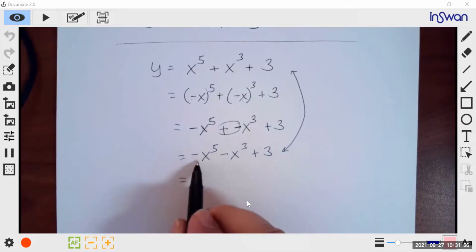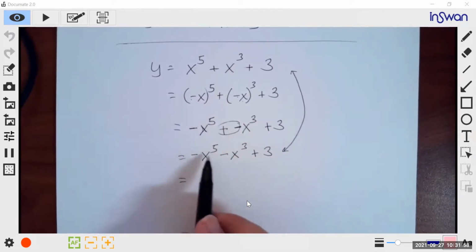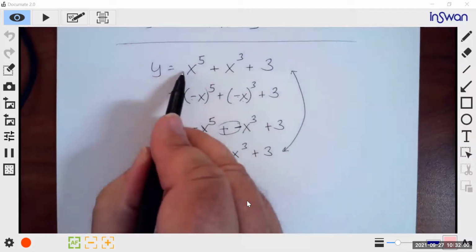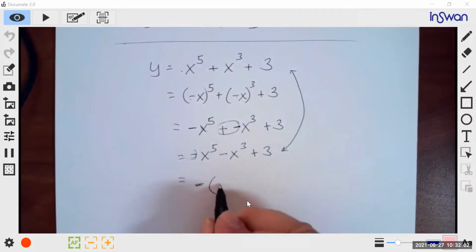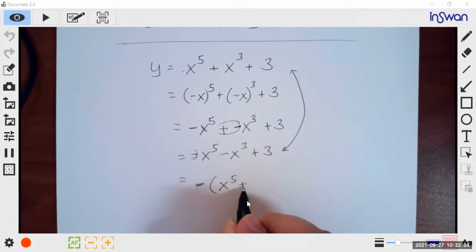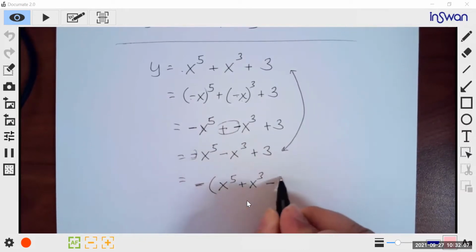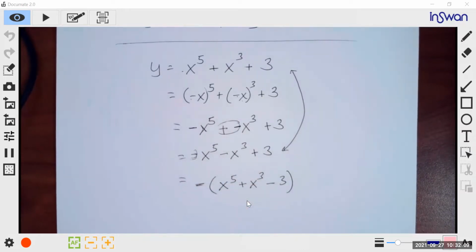In other words, to see if they're opposites, if I factor out a negative, are they the same? Is this the same as this?